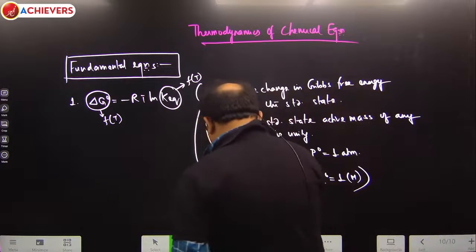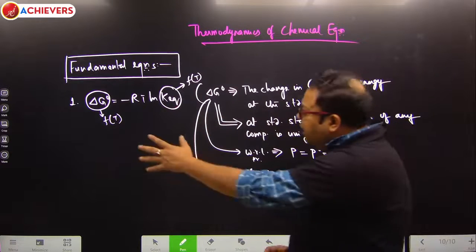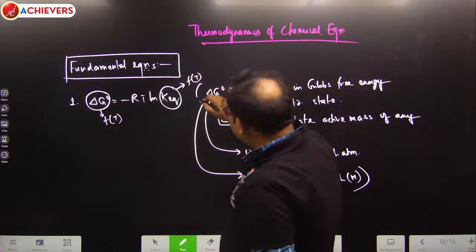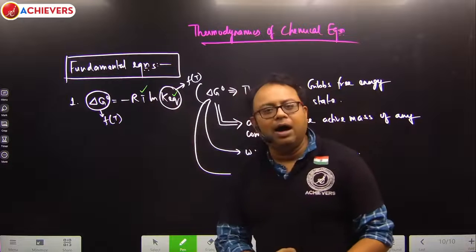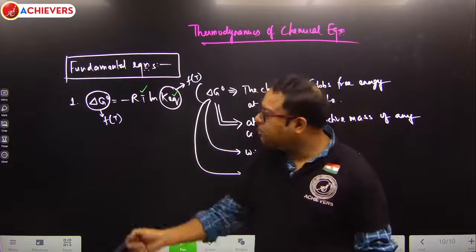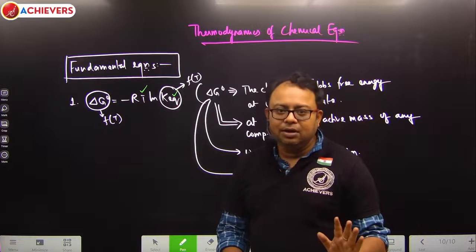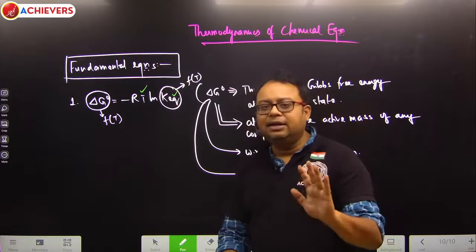There are two different logics. If you ponder into this equation, then you can say that K equilibrium is only a function of temperature, and you have only one variable, that is temperature. So necessarily delta G naught should be a function of temperature only. So from here you can make an interpretation. You can make another interpretation in this manner.